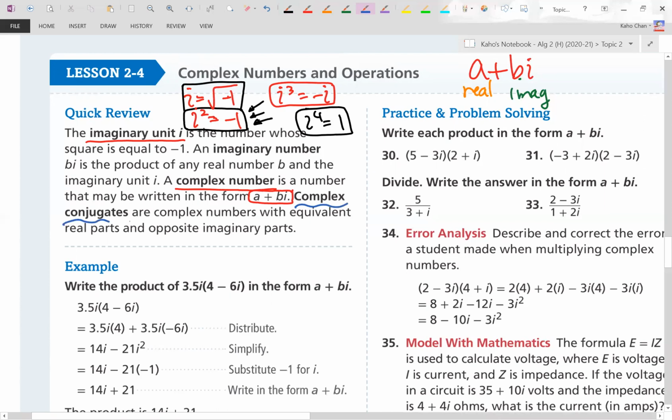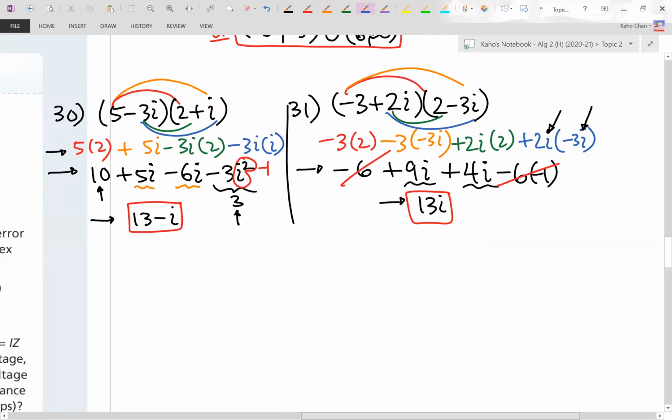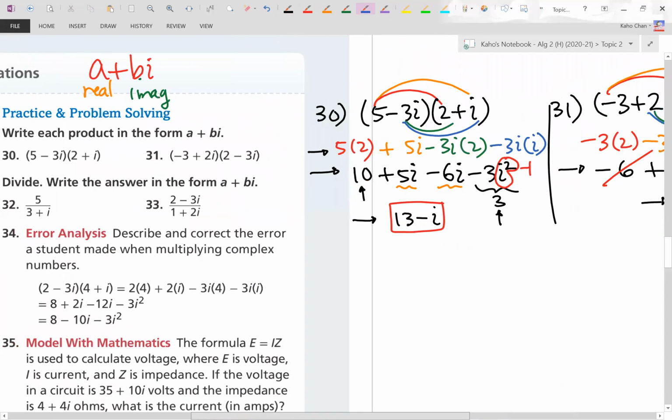They help us cancel any imaginary units in the denominator. So the complex conjugate of this, a plus bi, is a minus bi. Those are complex conjugates right there, okay? Keep that in mind. We'll need to invoke that here in a moment when we divide, starting with number 32.